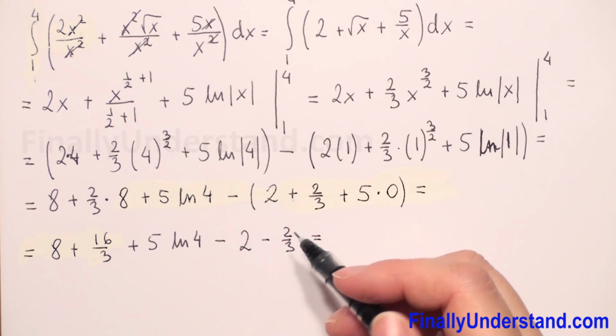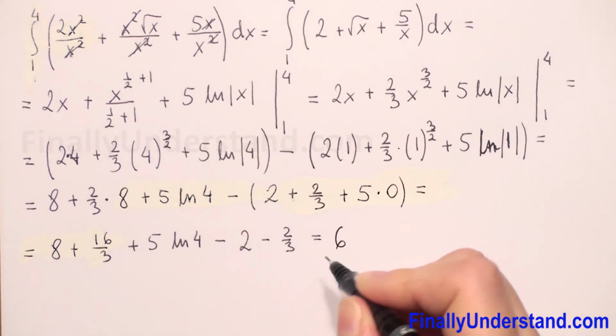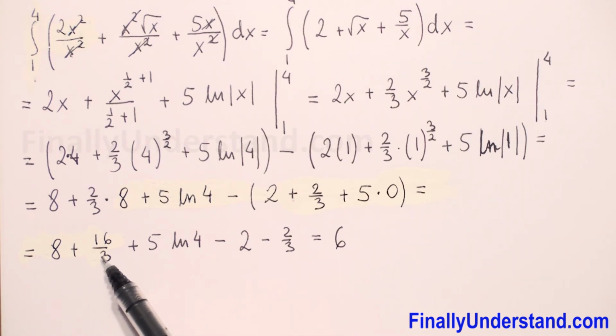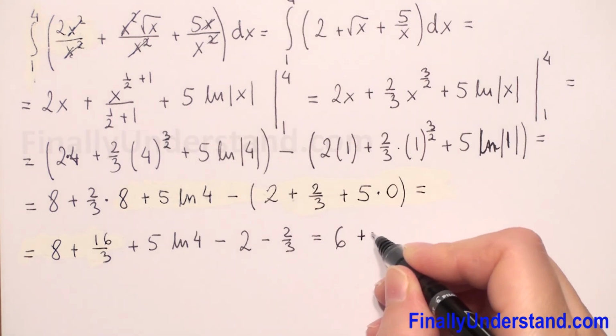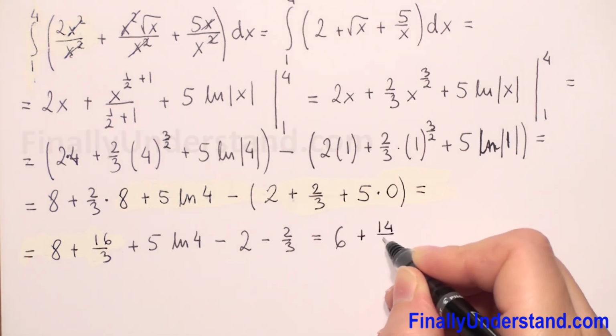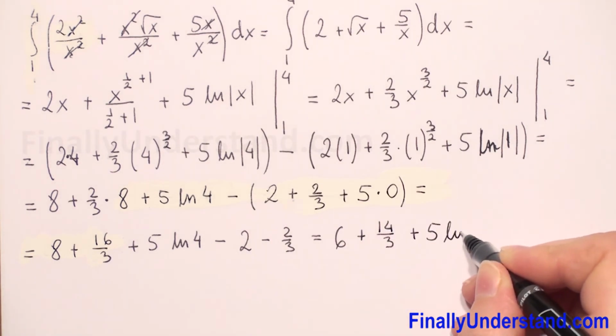So this is equal. We have 8 minus 2 is 6, and we have 16 minus 2 will be plus 14 over 3, and we have plus 5 natural logarithm of 4.